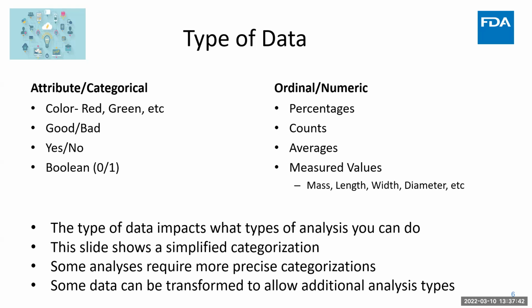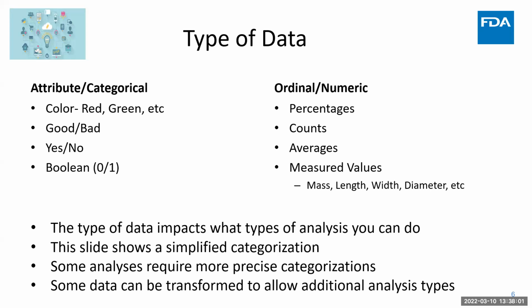The types of data shown on this slide are very simplified. There are additional ways you can categorize the data, and it may be necessary to do so in order to figure out what tool you're going to use.